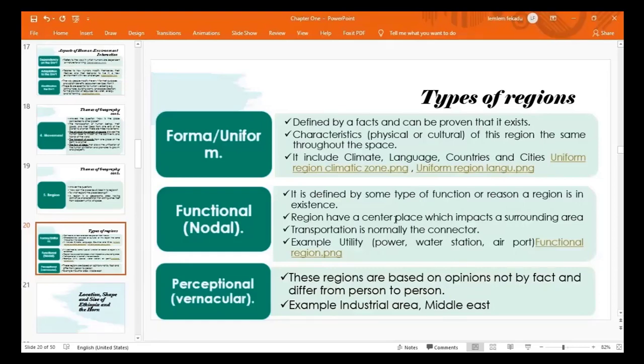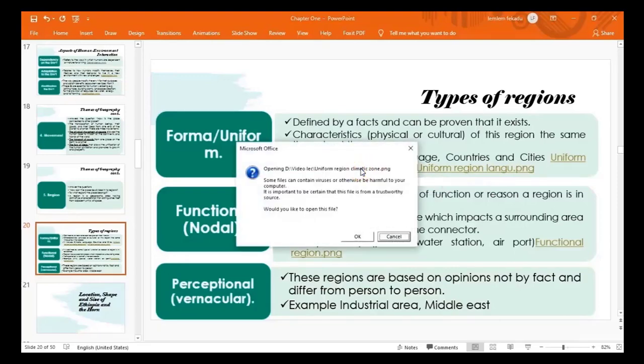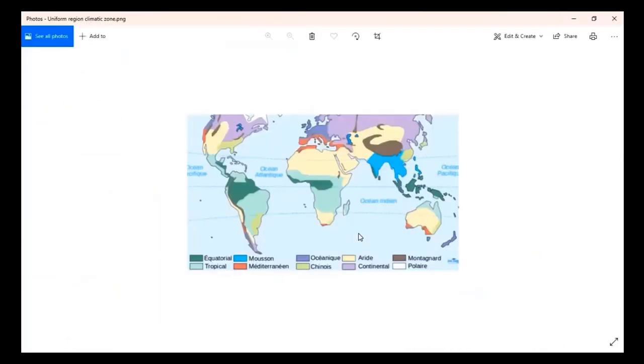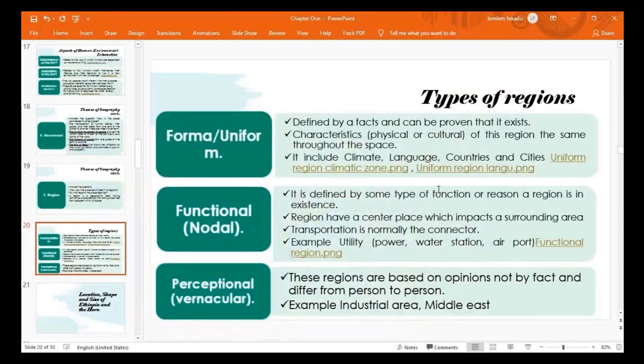It includes climatic zone, climate, language, country, cities. These are regions formed by facts. For instance, we can see the climatic zones. These climatic zones are formed based on facts, and it can be proven that they exist.